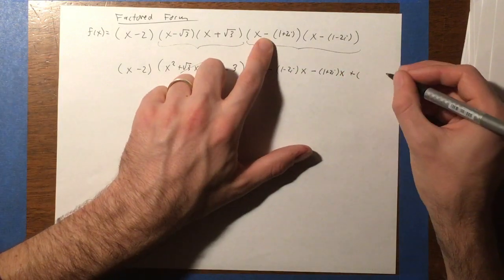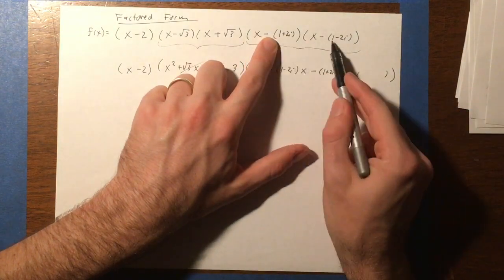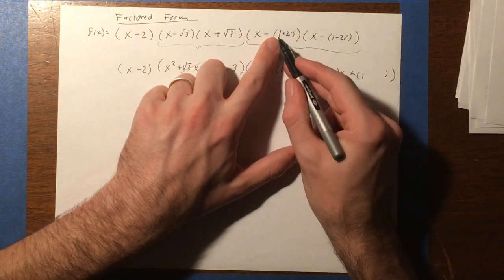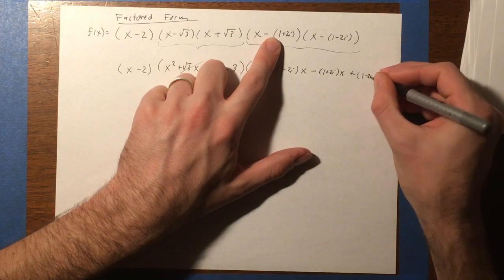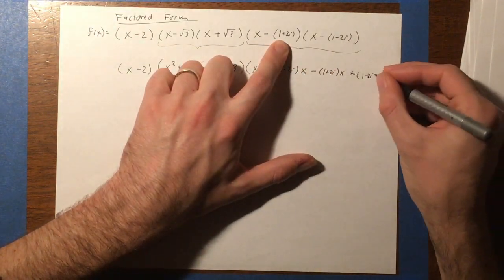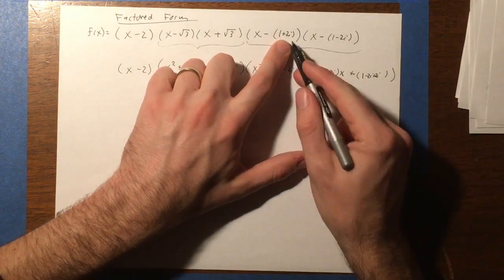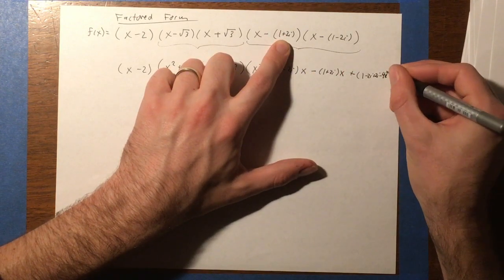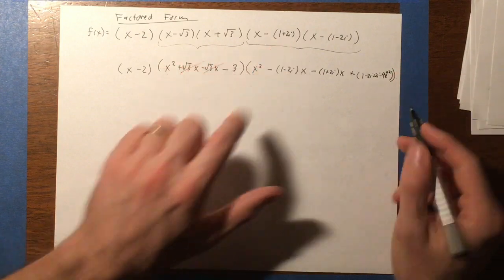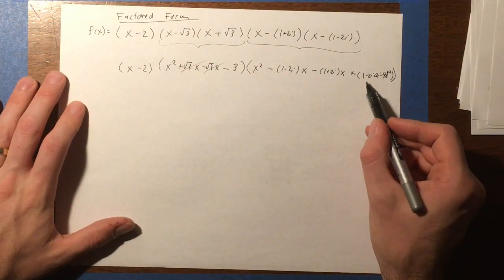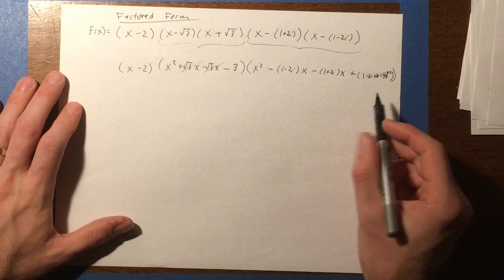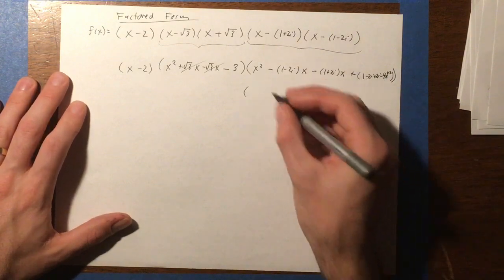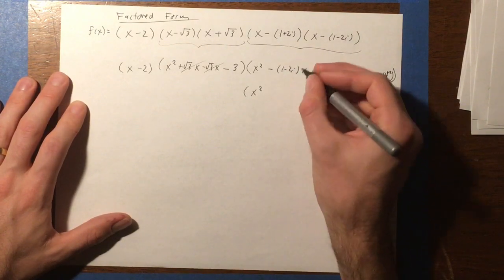So let's multiply that out. We're going to have 1 times 1, and then 1 times negative 2i, and then positive 2i times 1, and then positive 2i times negative 2i, which is negative 4i squared. We have a plus 2i and a minus 2i that cancel out. So let's get back to that. We're going to have x squared.